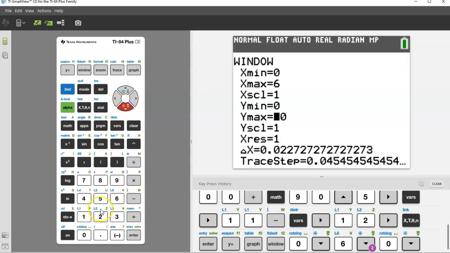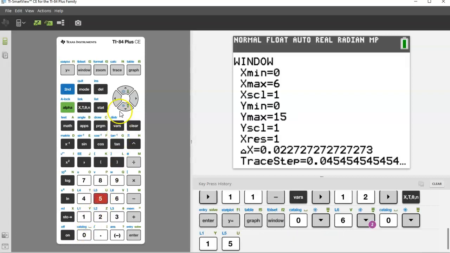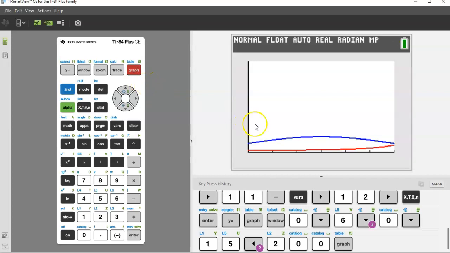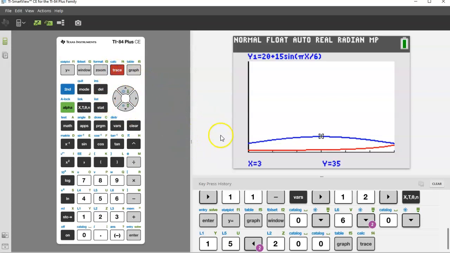I know there was 100 fish, and actually one of our answers had 200 fish. So let's just put 200 in here just to be safe. It was probably a little over the top, but there we go. All right. So now let's go ahead and trace here. That's one thing you're going to want to do, is you're going to want to trace.